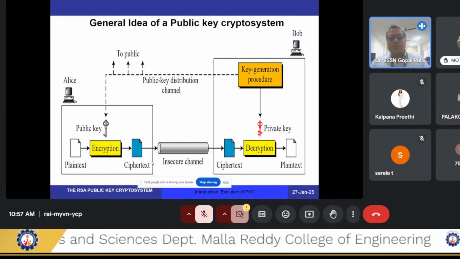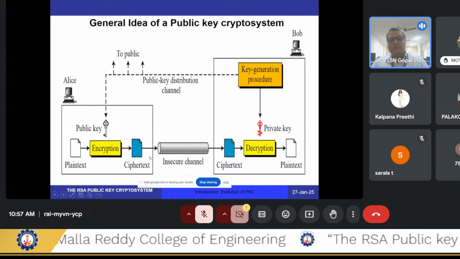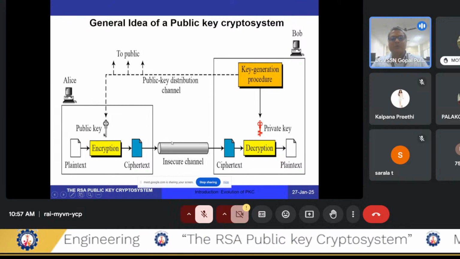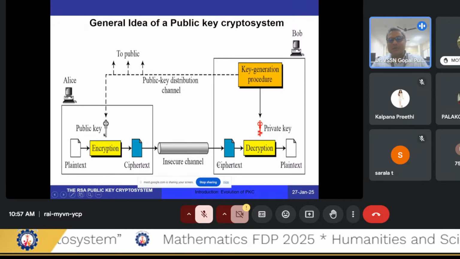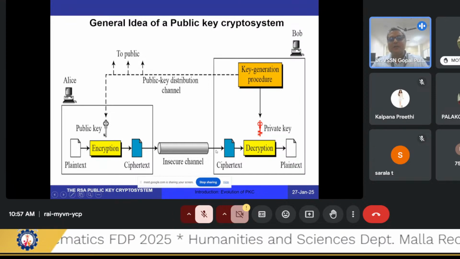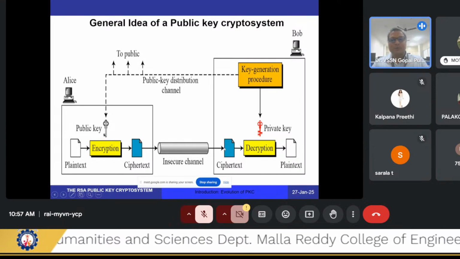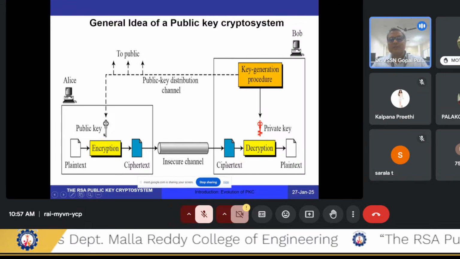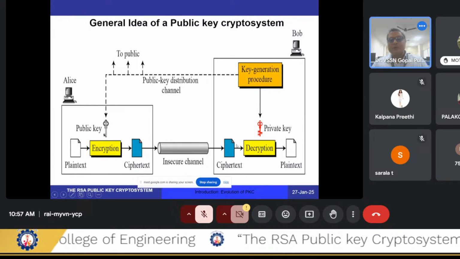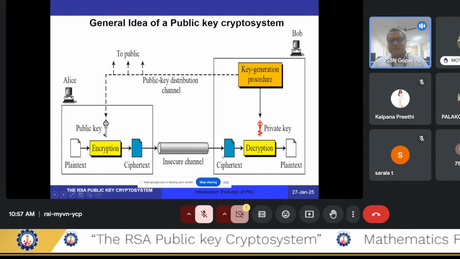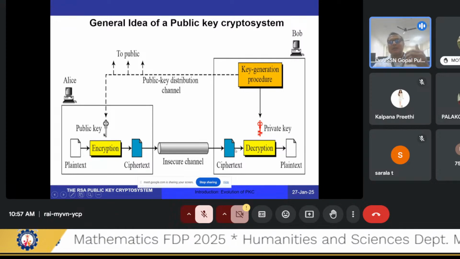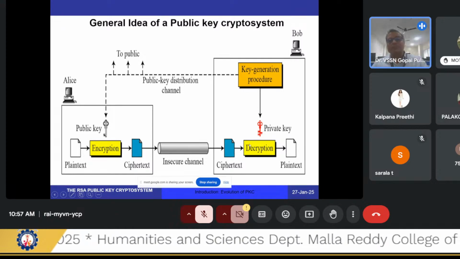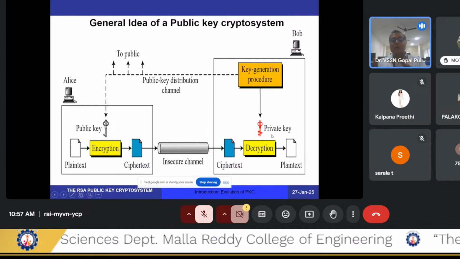This ciphertext is now passing through a certain channel, which we suppose to be an insecure channel. This ciphertext is now received by Bob. As Bob receives this ciphertext, in order to know the contents, Bob will now use his own private key.